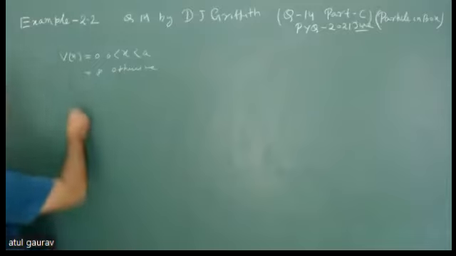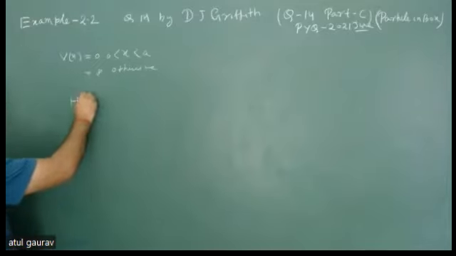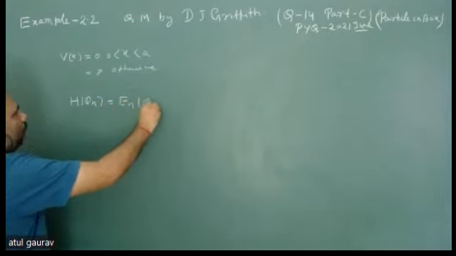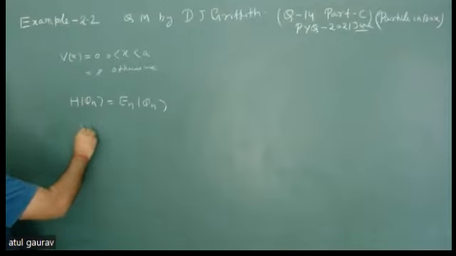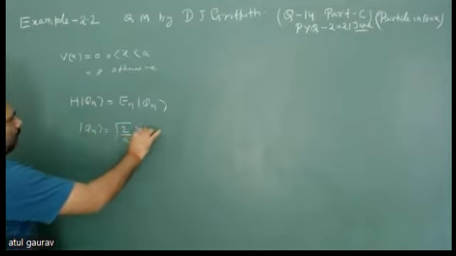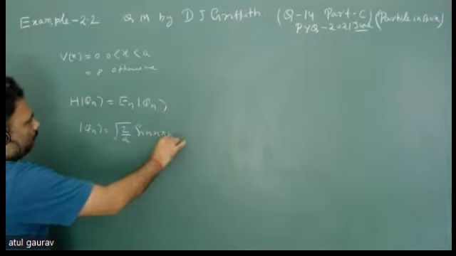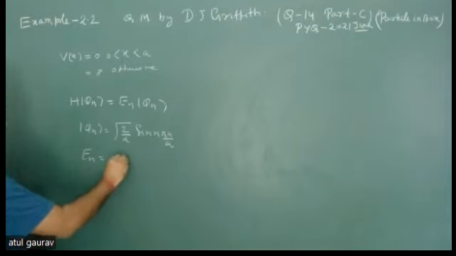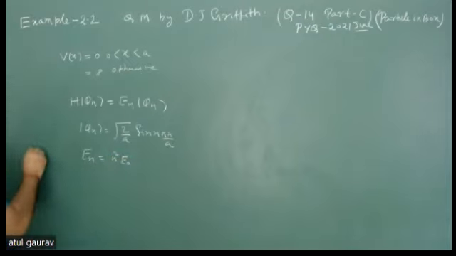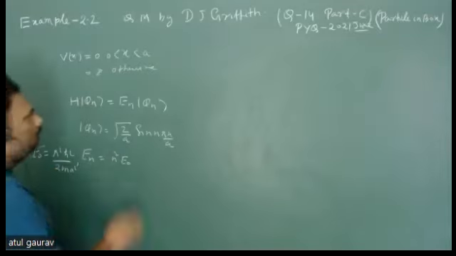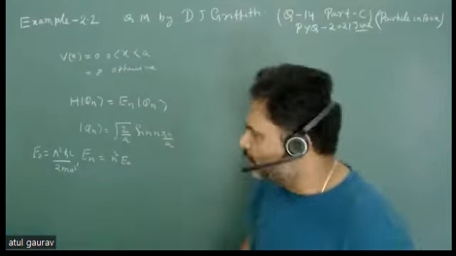So I can write H phi n equals En phi n, where phi n equals square root of 2 upon a times sine of n pi x upon a, and En equals n squared E naught, where E naught equals pi squared h-bar squared upon 2 m a squared. These things we already know.